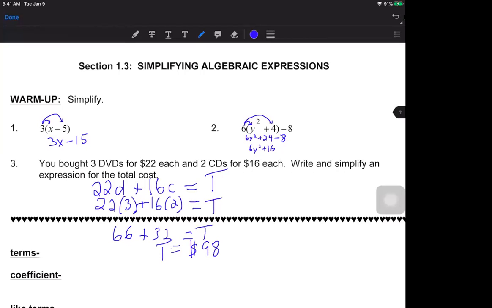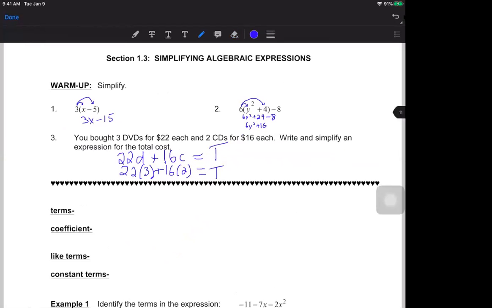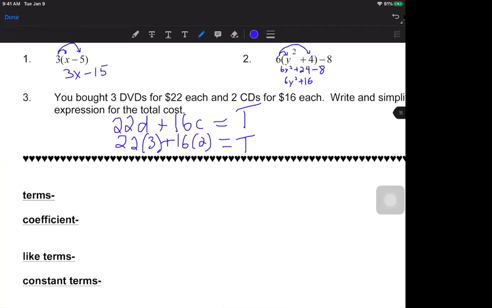So now we have a couple of definitions here, and the definitions are kind of terms that you used already. So I'm going to erase this just so we can have a little bit of room. The first one says term. If we look up to the example above, it says 22D plus 16C equals T. All these are terms.